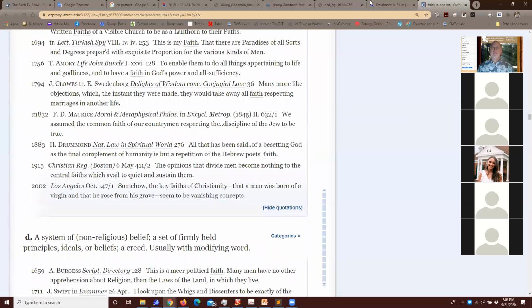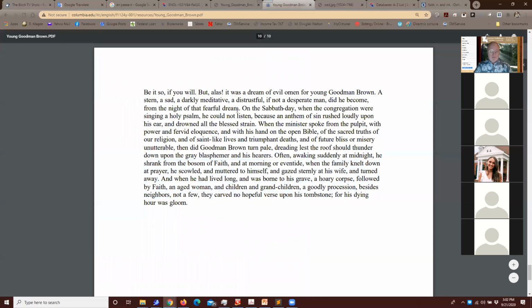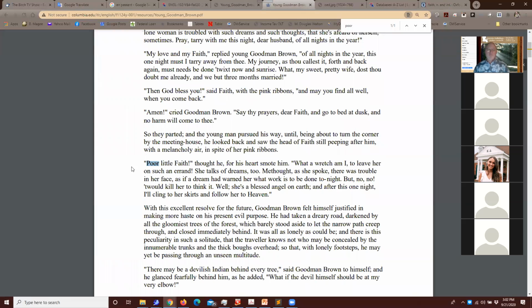But there's something that comes along in the early part of the story. Can I look up stuff here? Poor little Faith. That always rang a bell with me. I felt like something was going on there, but I didn't know what.